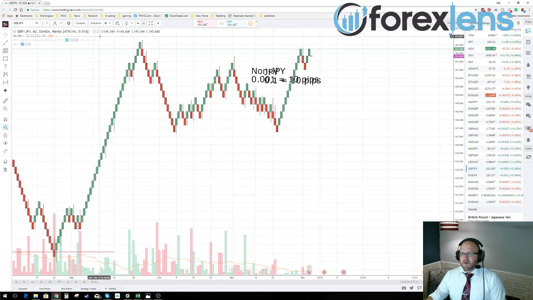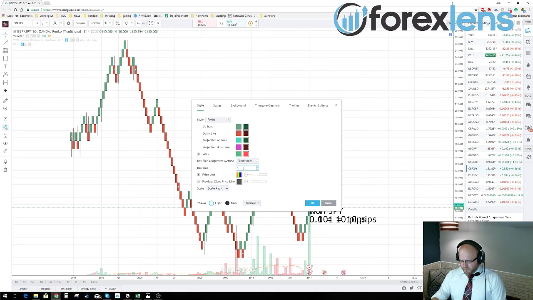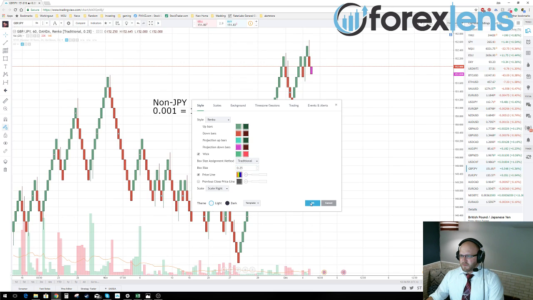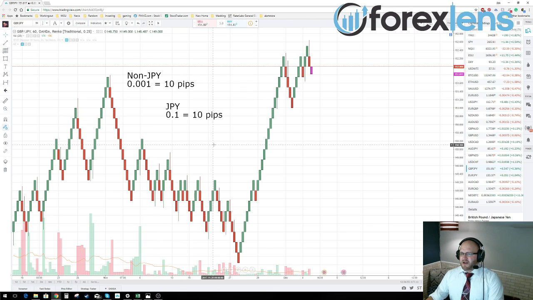What I really want to do is bring this down. I want to go to traditional, and we'll make it like 25 pips. I have on my screen these two boxes with the letters.